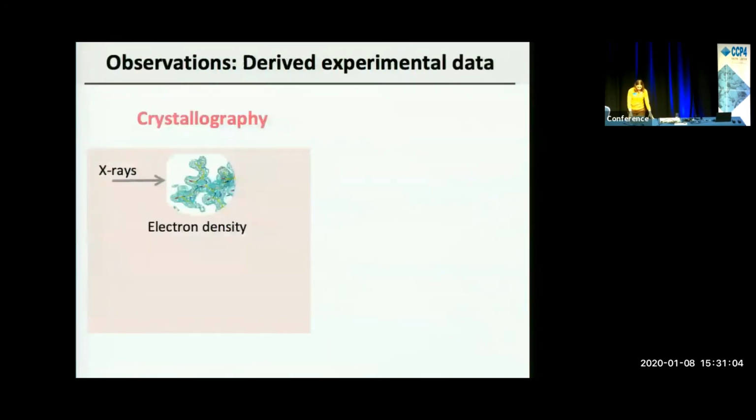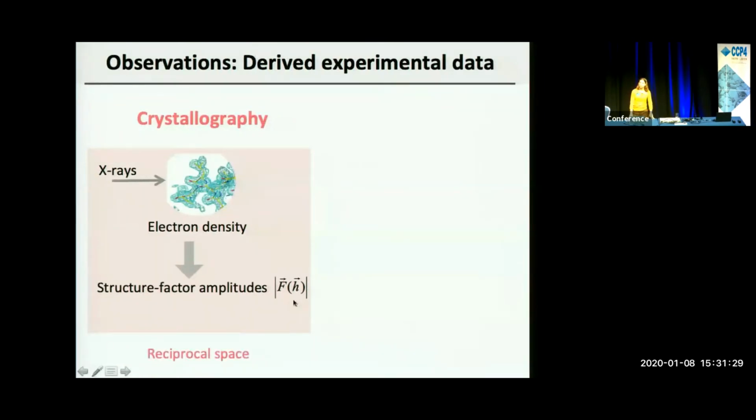I want to go quickly again over the derived experimental data. We've seen that in the previous talk. In crystallography, the interaction happens between the X-rays and the electron density in the sample, in the crystal. And this yields structure factor amplitudes. Structure factor amplitudes are a quantity which lives in reciprocal space.